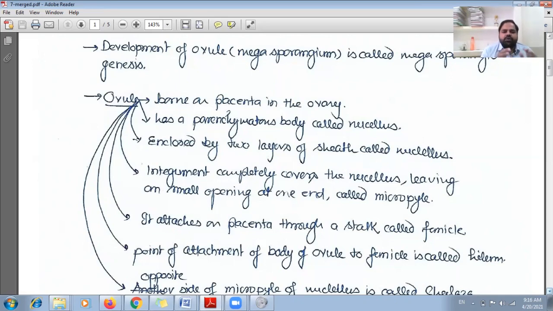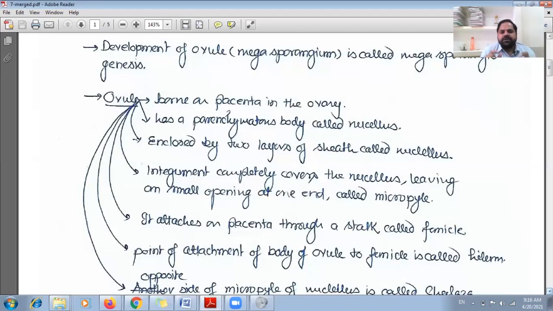So the ovule is made up of a mass of parenchyma cells, and this mass is covered by two layers of structure, with a small opening where both of these layers are absent.